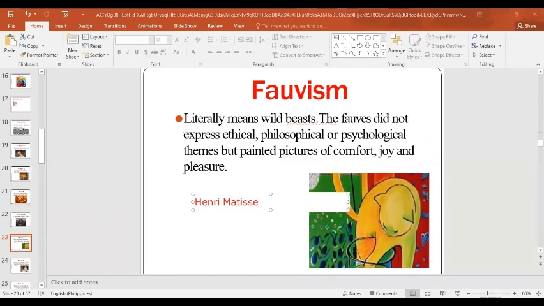Kumbaga sa mundo ng Fauvism, they used bright colors that did not reflect the reality. It applied to a surface. For example, yung mga common na nature art painting na pinapalitan ng colors para mas mabuhay yung art piece or artwork.